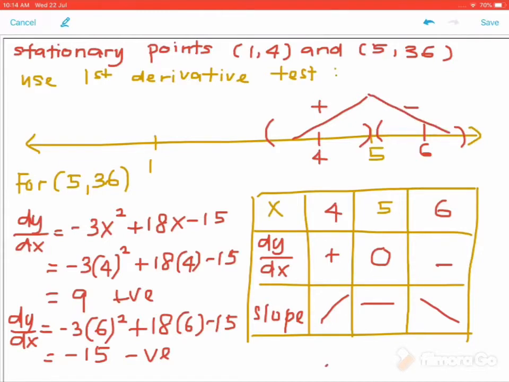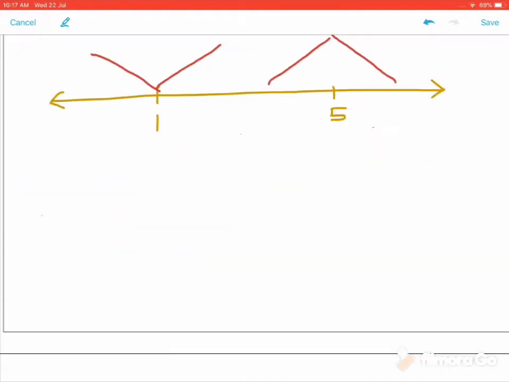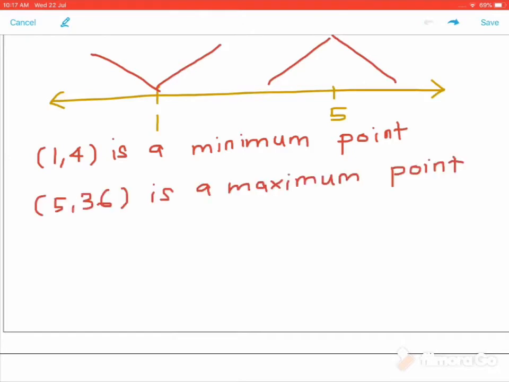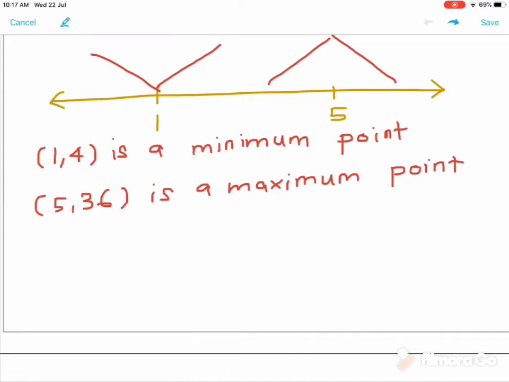So from here we can conclude that (5, 36) is a maximum point. After we test by using the first derivative test, now we can come out with the conclusion. We can write that (1, 4) is a minimum point and (5, 36) is a maximum point. So that is all for the first derivative test.